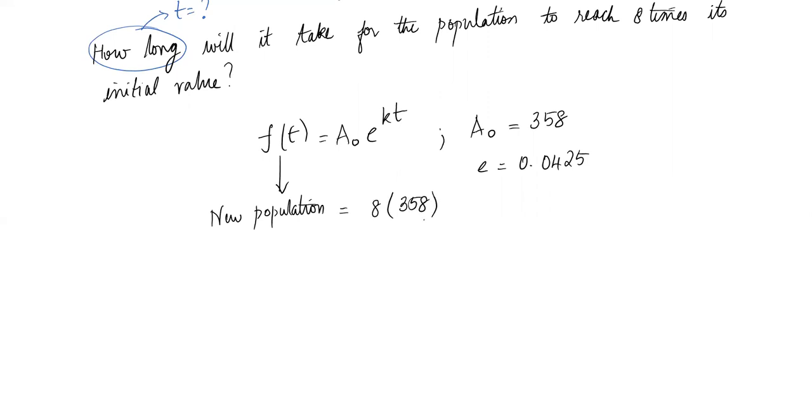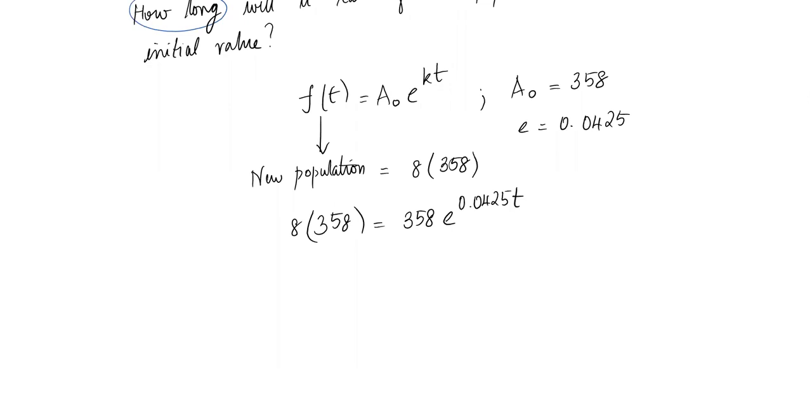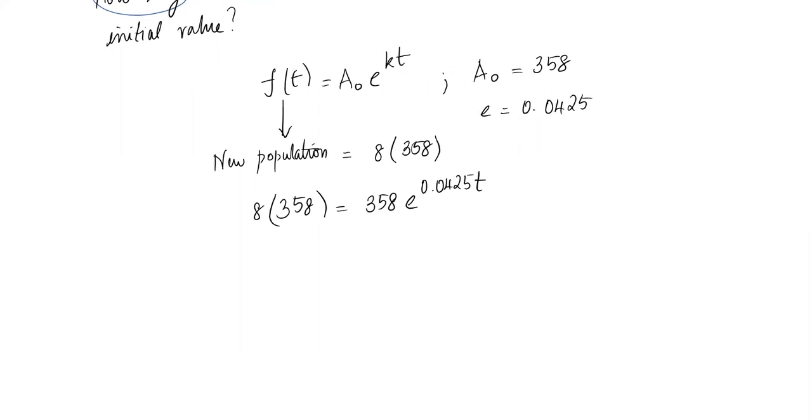I don't want to multiply it because I know I'm going to use it to reduce it. So 8 times 358 equals 358 e power 0.0425t. Right? That was the given expression. You kind of plugged in for f of t as 8 times 358. That was given to us.